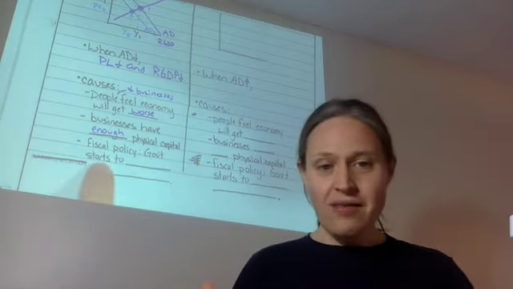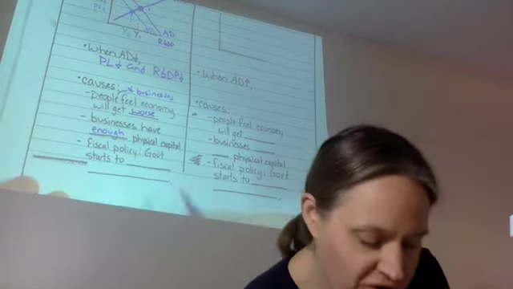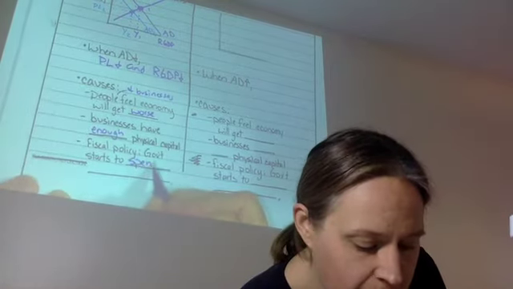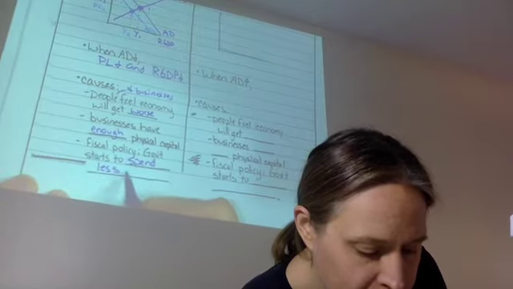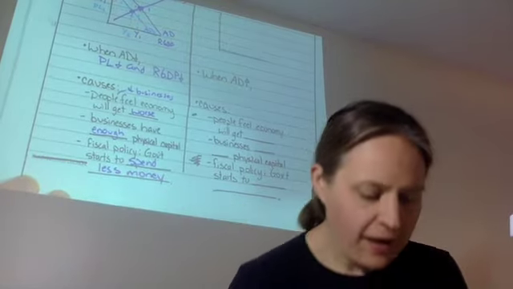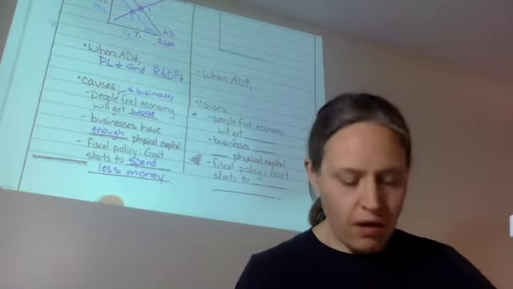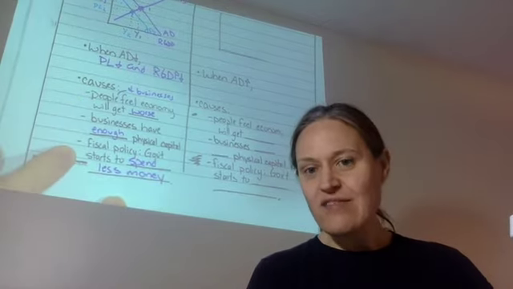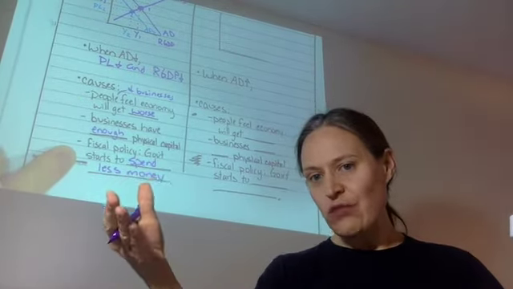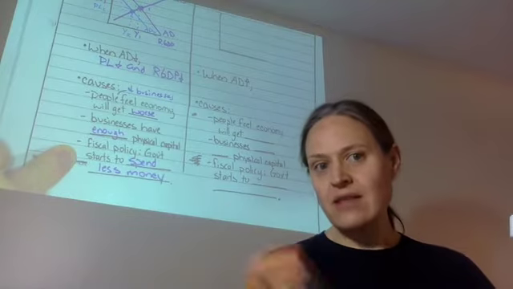And then fiscal policy, if the government starts to spend less money. Okay, so all of these 3 things are causes why the aggregate demand curve could shift to the left, why it could decrease.